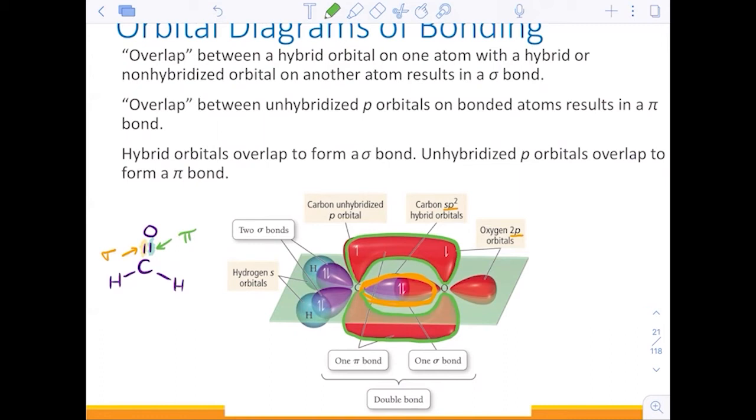So we'll always see the sigma bond directly in the center of the two nuclei. And the pi bond, I want us to imagine, is around on the top and the bottom. It's this around feature that makes the pi bond itself. Together, a sigma and a pi make what we call a double bond.